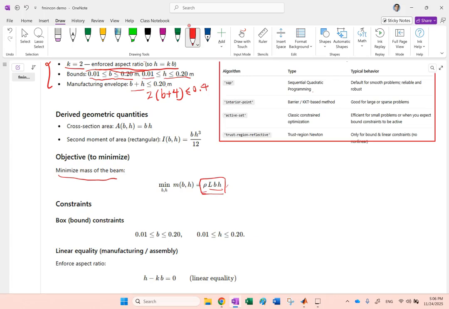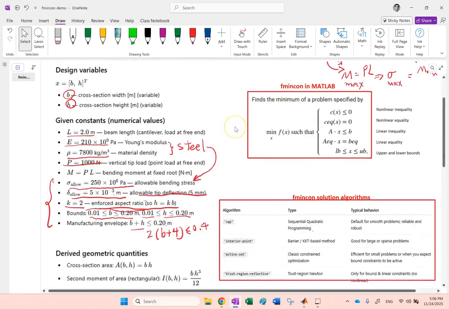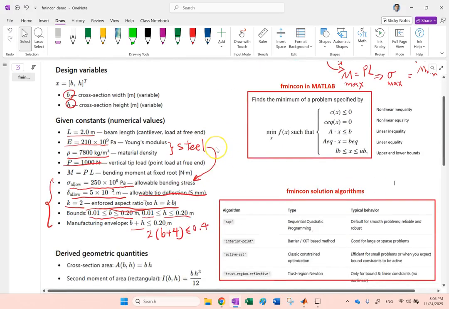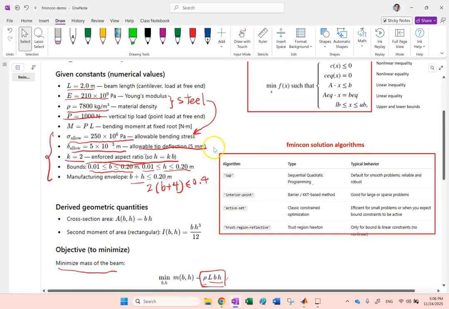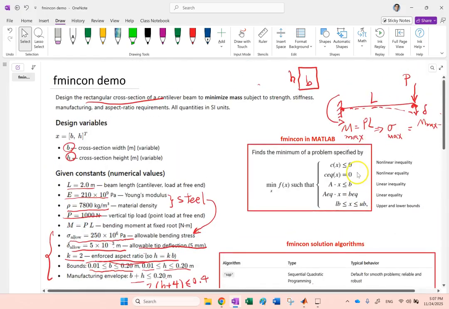And B and H are subjected to tons of constraints. Now here, let's talk about this constraint, see how to define it, and then we're going to see how to do it in MATLAB. If we're going to go one by one, first we look at the allowable stress. Remember that the stress comes from this formula that I just showed you above.